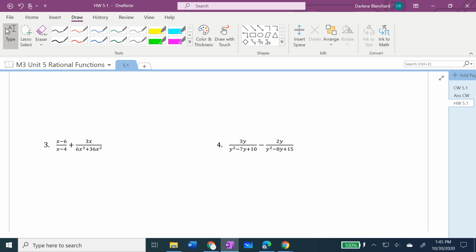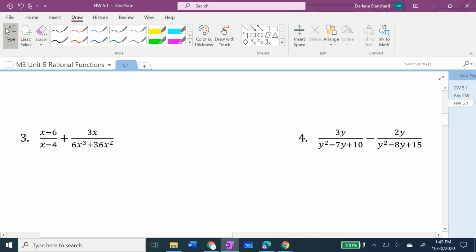These problems, you're going to go a further step. You're going to need to factor. So let's take a quick look at that. We factored when we did polynomials. Can you factor this polynomial?